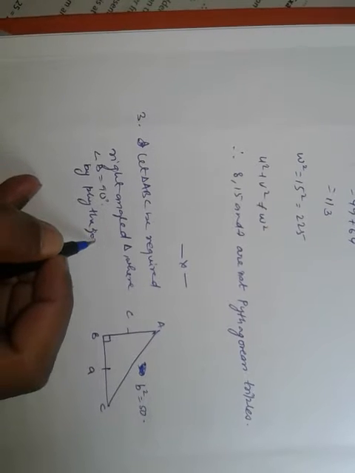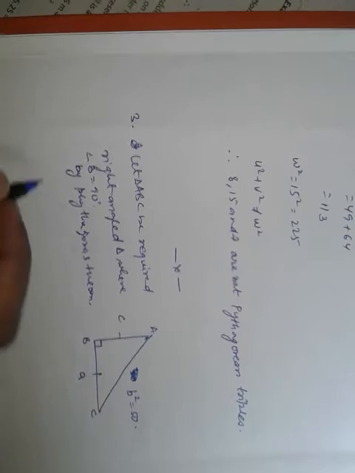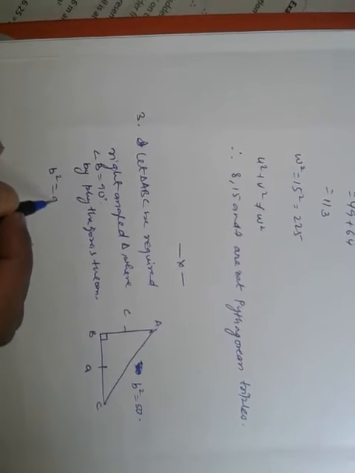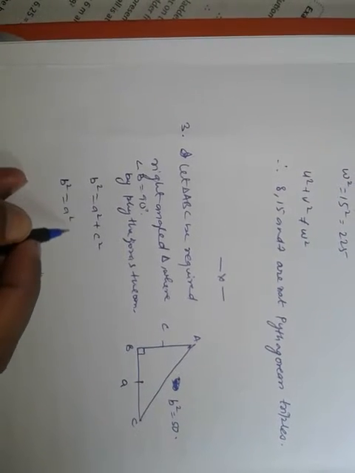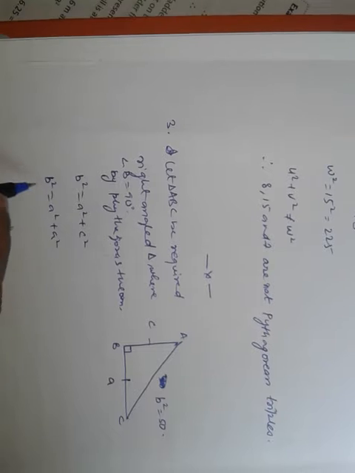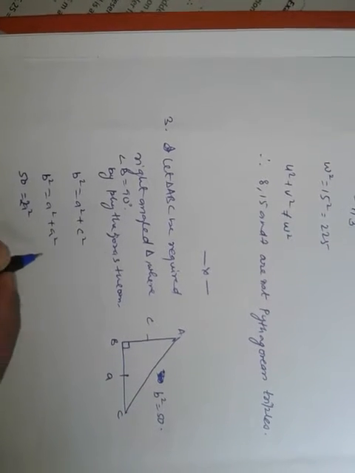By Pythagoras theorem, B square equals A square plus C square. So B square equals A square plus A square, and B square is given to us as 50, so 2 A square. Why?